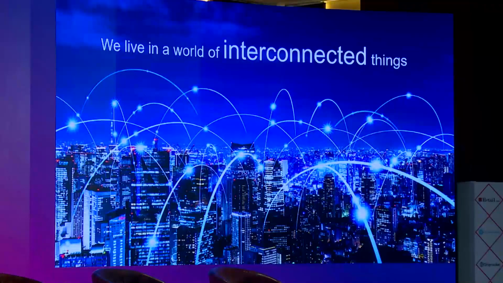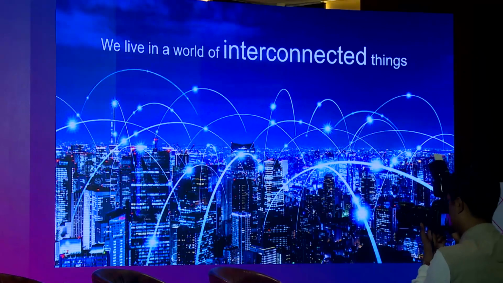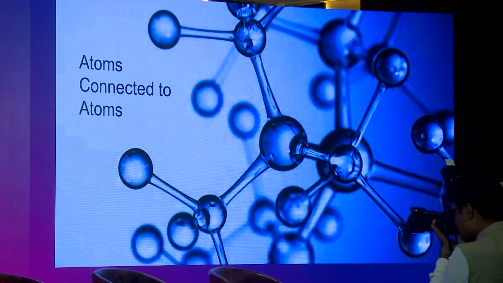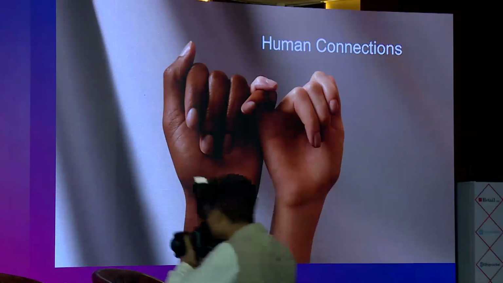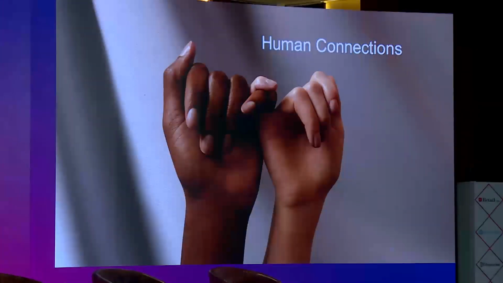We live in a connected world. Everything around us is connected. Think of atoms connected to other atoms or molecules. Neurons connected to other neurons in our brain. Human connections: we have networks of families, networks of friends, networks of colleagues, social networks, right?